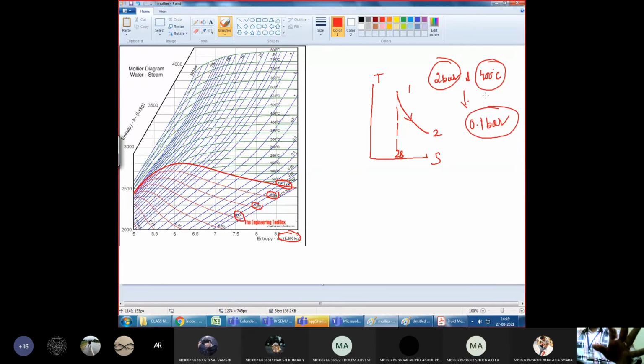Sometimes we won't mention isentropic also. What is the question? Calculate the velocity of the steam.